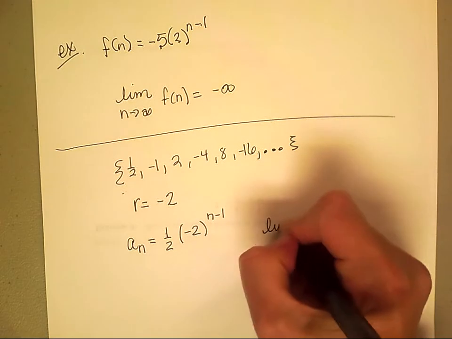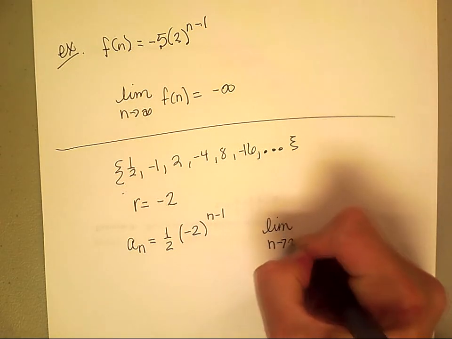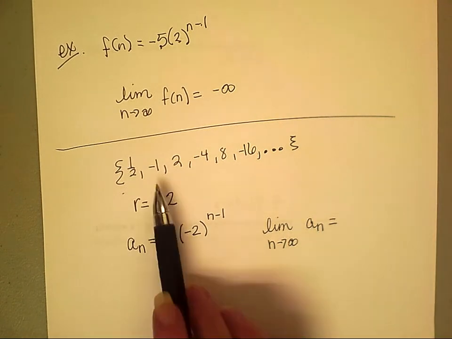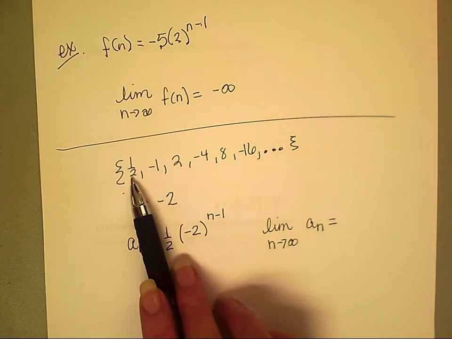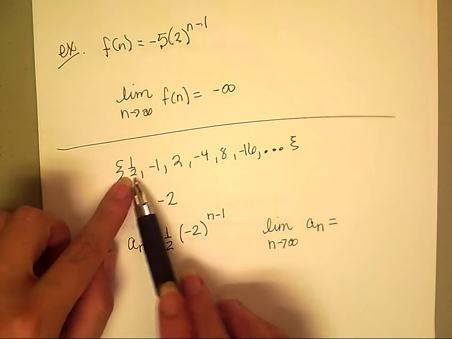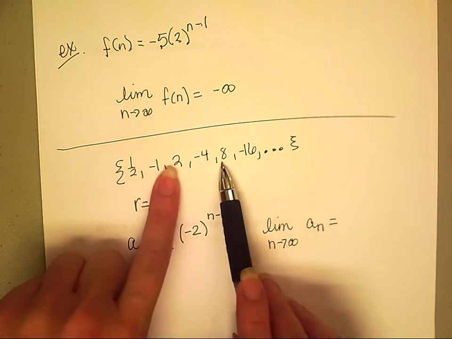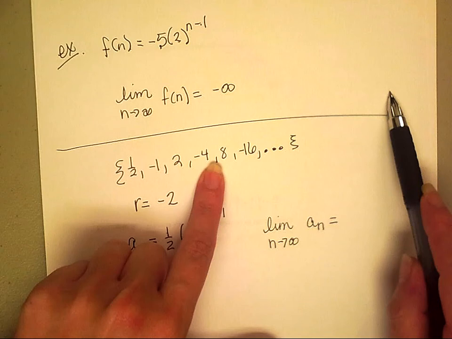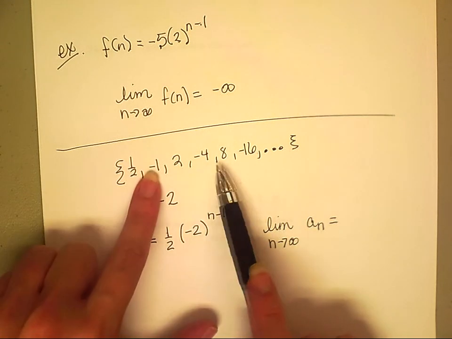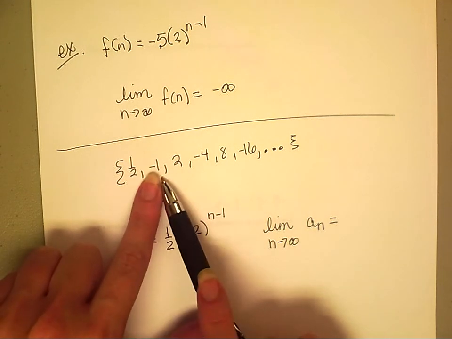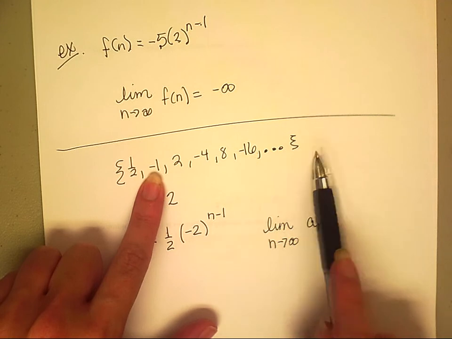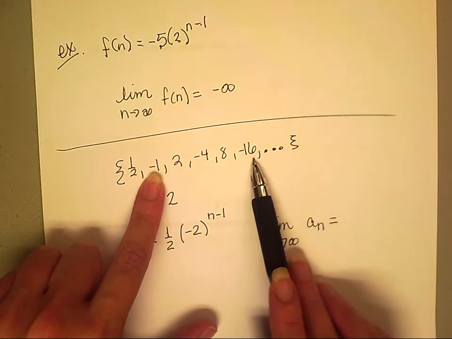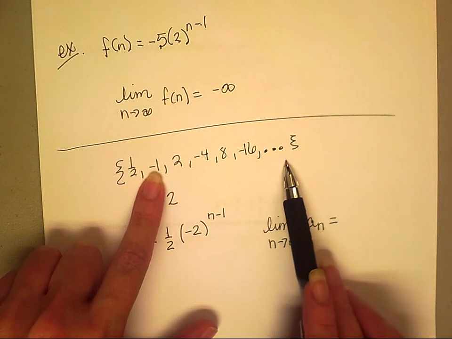So now what is our limit as n goes to infinity of a sub n? Well, if we look just at the positive terms, we go 1/2, 2, then 8, then 32, etc. These are going to positive infinity. If you look at the negative ones, negative 1, negative 4, negative 16, etc., these are decreasing without bound.